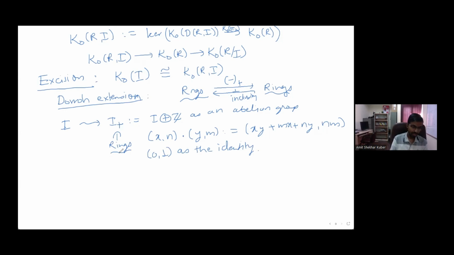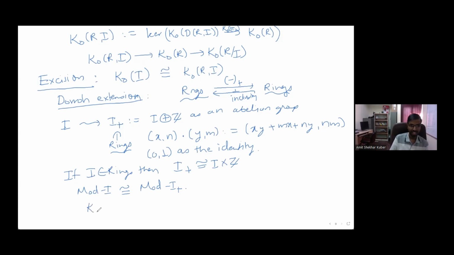And what happens if I is unital, that is, I is already in rings? Then I plus is isomorphic to the product of I and Z. Moreover, in general we also have that the modules over I are the same as modules over I plus. They don't really change much.